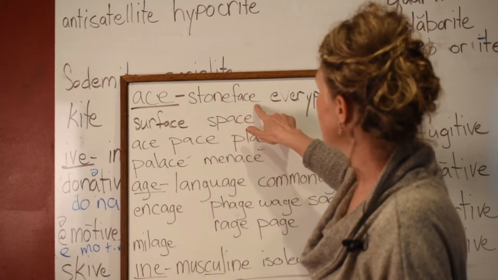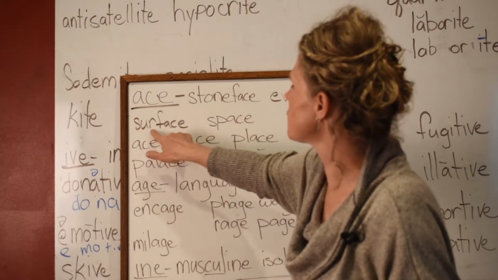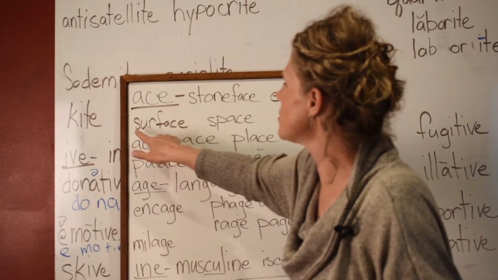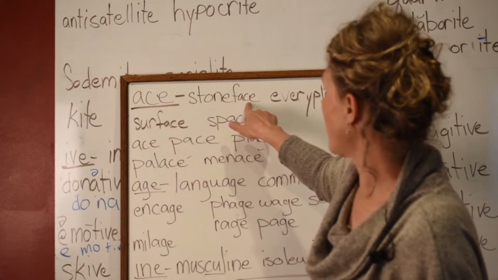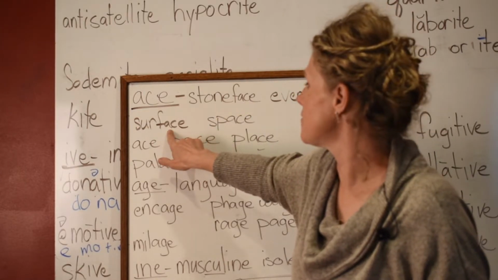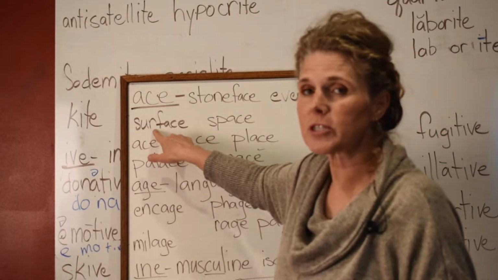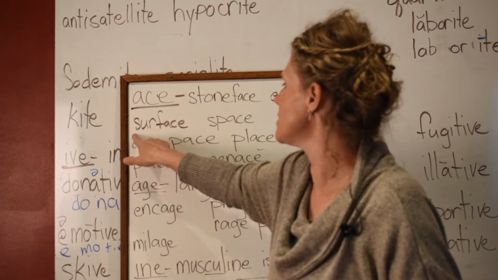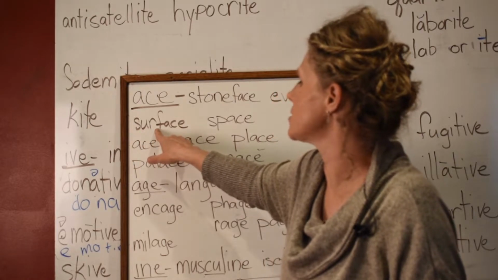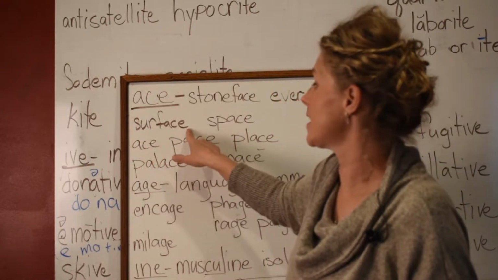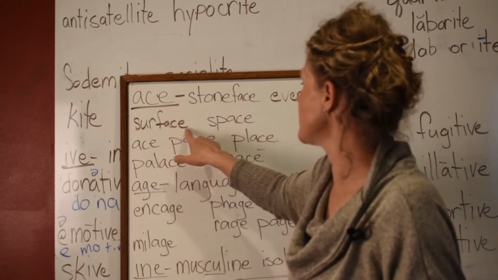So this would be face. But look at this one, surface. We don't say surface. So this can be kind of tricky. Well, that one says face, but this one doesn't say face. But if you look at the first syllable, this isn't its very own word. It doesn't mean something different. So this says sur. So you know that this will say is, surface.